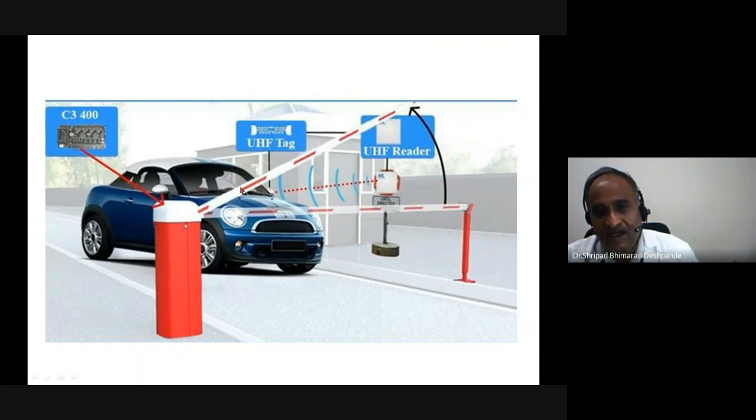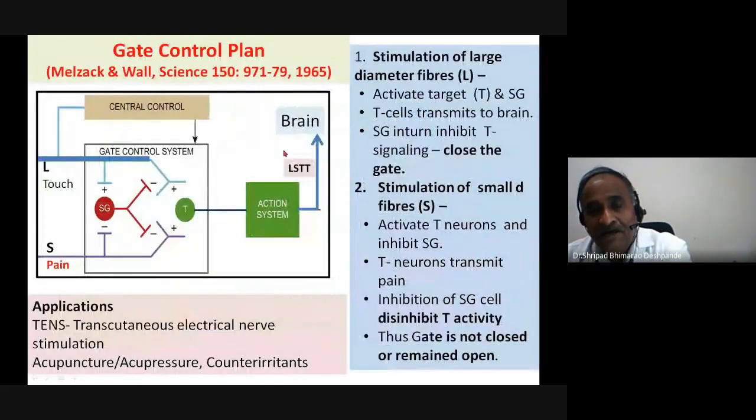If the validity is not there, it will not open the gate and the driver will be penalized two times or whatever. So that type of automatic gate system is available for motor vehicles. Similarly, in pain transmission, we have the toll gates.